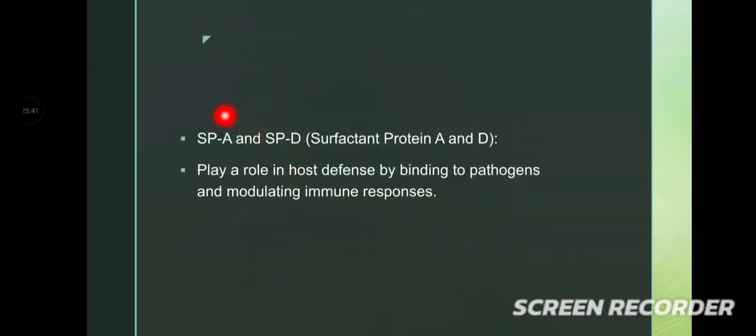Surfactant proteins A and D play a role in host defense by binding to pathogens and modulating immune responses. So surfactant proteins A and D are the ones that play a role in immune defense.